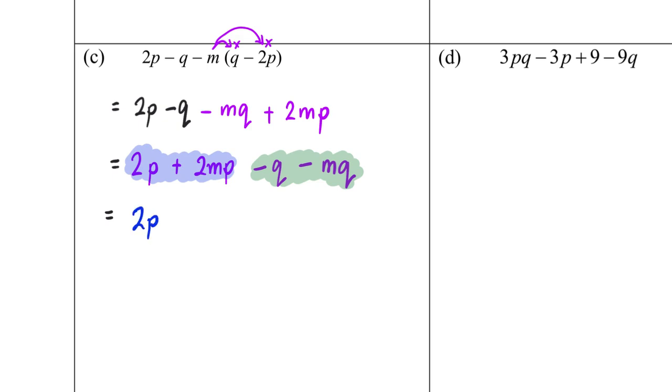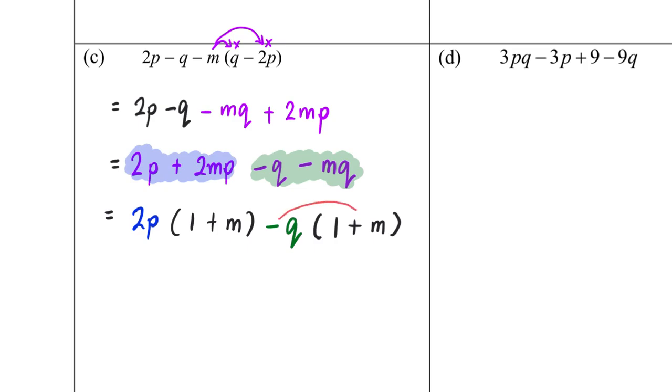2p will be my common factor. Do remember there's always the 1. 2p times 1 will give me back my 2p plus m. I will have my negative q taken out as a common factor, 1 plus m. Why does Mr. Tan write a positive m?